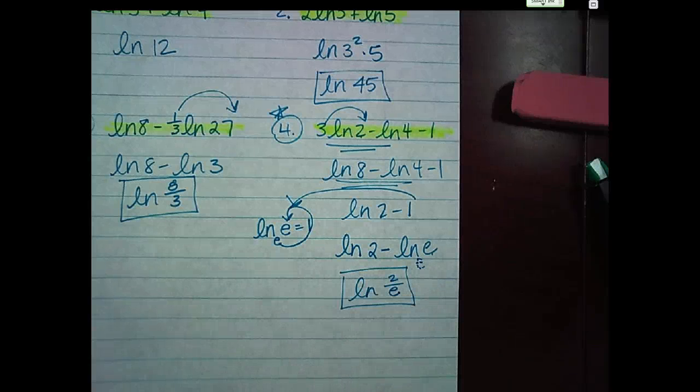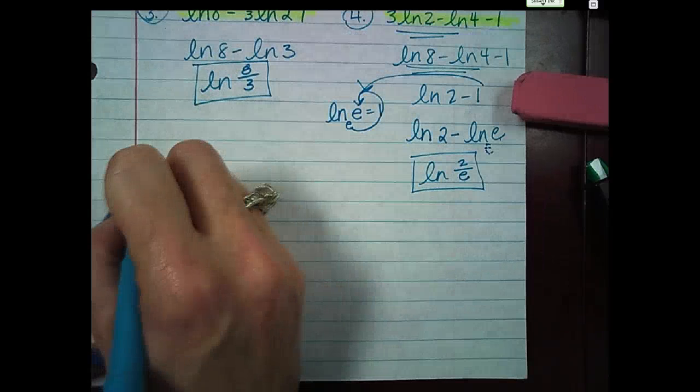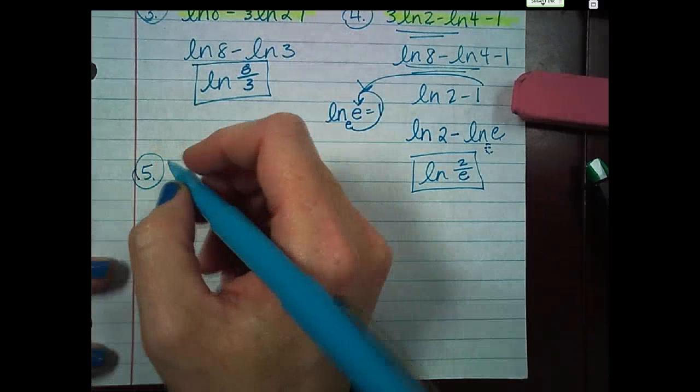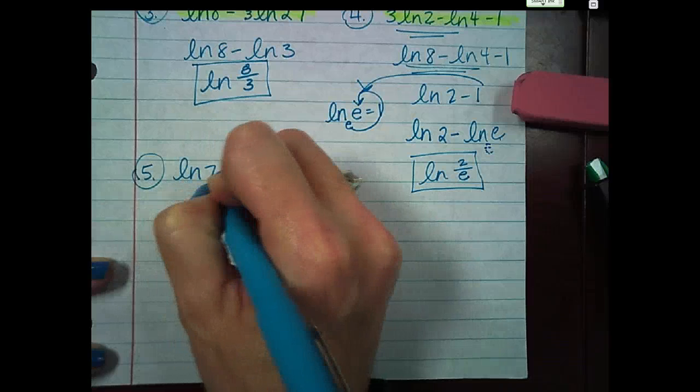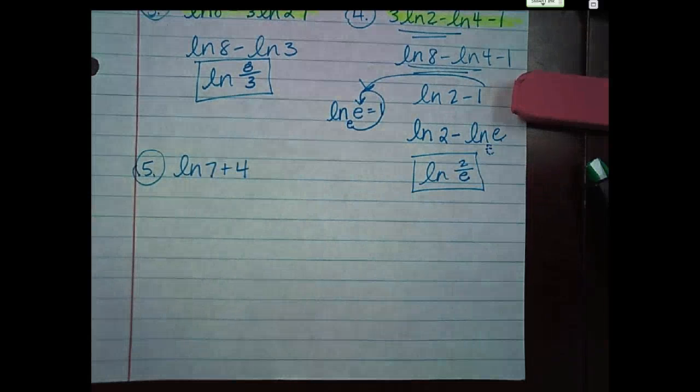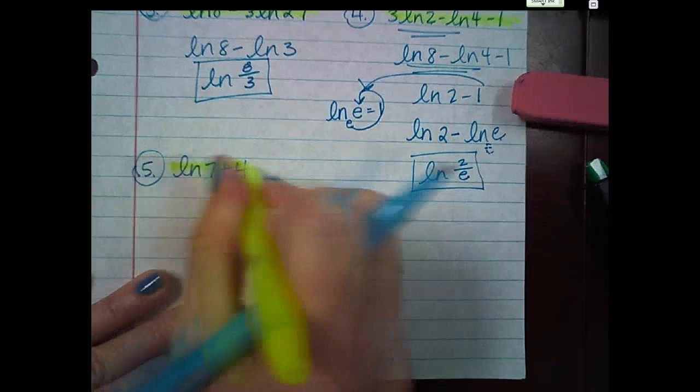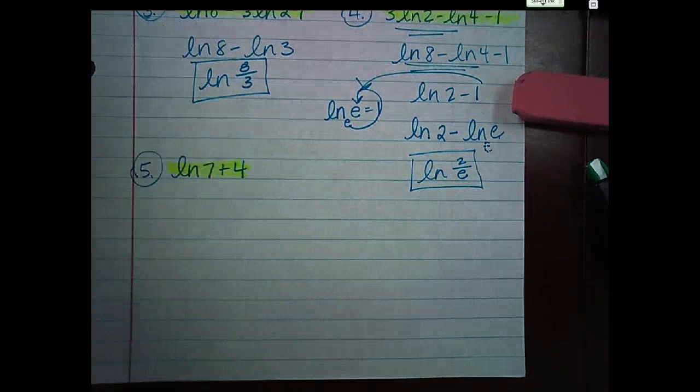Okay, on that same note, I'll let you try one on your own and see if you understand that part. So for number 5, if I ask you for the natural log of 7 plus 4, give that one a shot. The natural log of 7 plus 4.